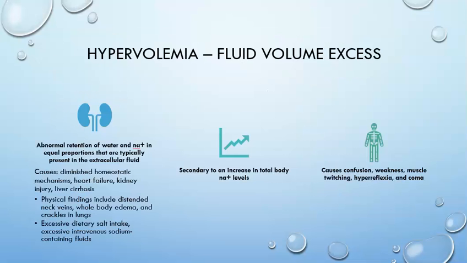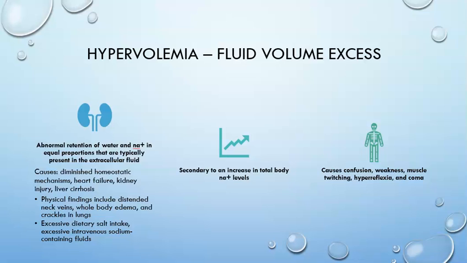So here's more on hypervolemia, or fluid volume excess. So this is the abnormal retention of water and sodium in equal proportion. So the body's just holding on to everything. And this, the fluid's found in the extracellular fluid. So our homeostatic mechanisms are diminished.